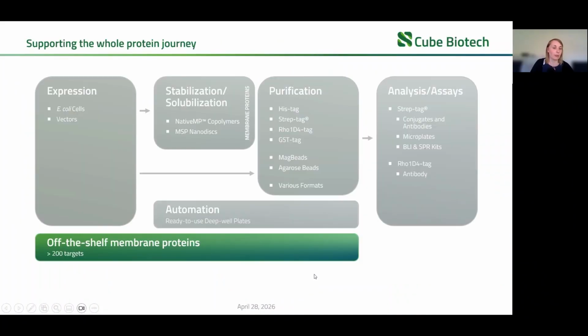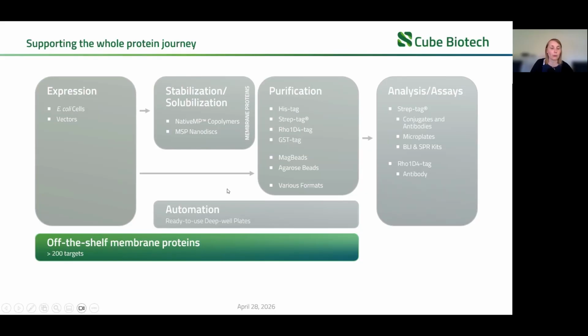And we actually also implemented this automation platform in-house, and this was really a game changer for us. So we can really offer many membrane proteins off the shelf. So you can have a look at our catalog. It contains already more than 200 targets and is actually continuously growing.